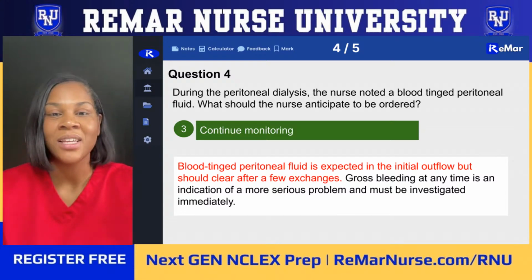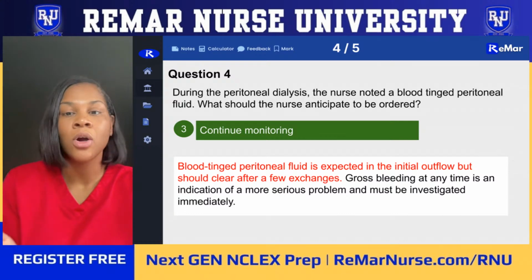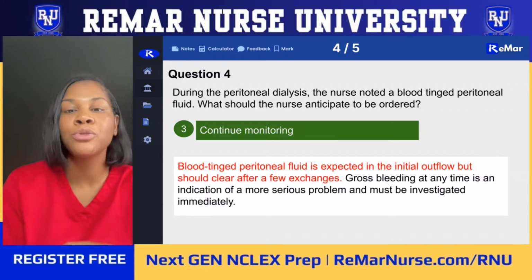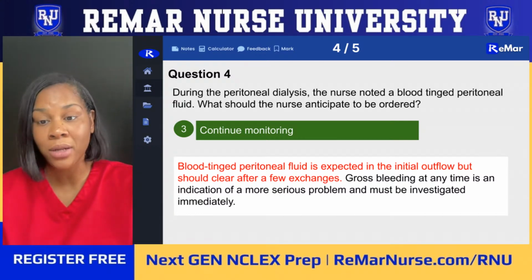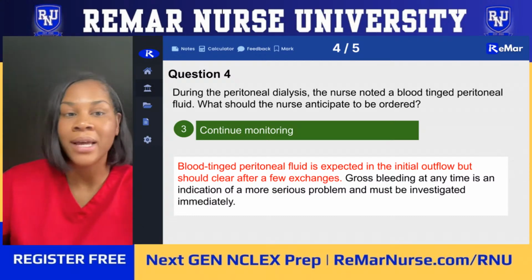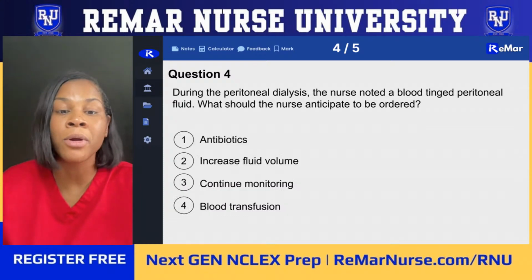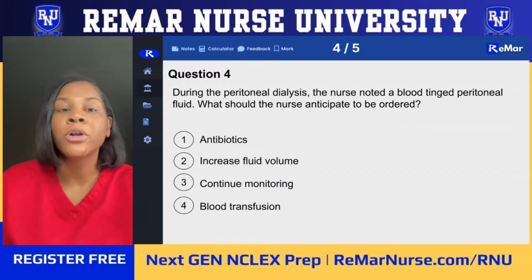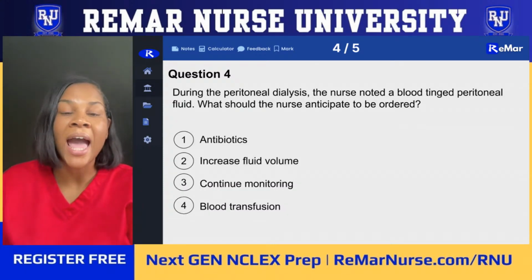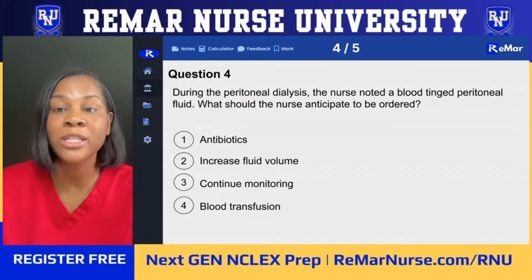All right. So for NCLEX, when you see this, I want you to lean towards continue monitoring and don't think that it is something that has to be like a major issue. Because remember, for NCLEX, you're looking at the choices that are in front of you and you're picking the best one in front of you.